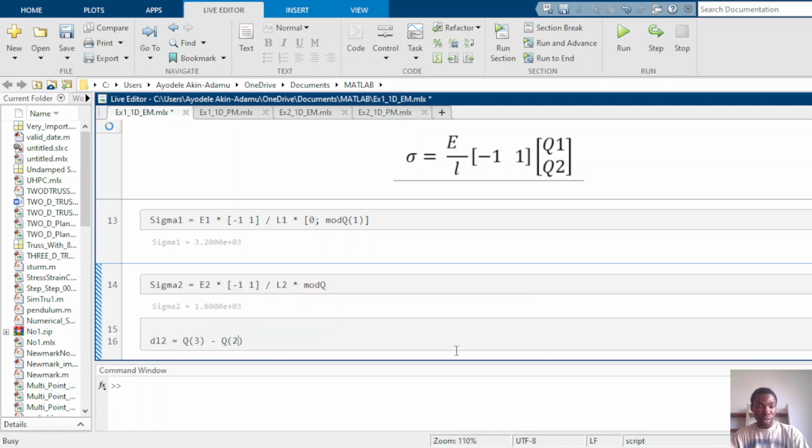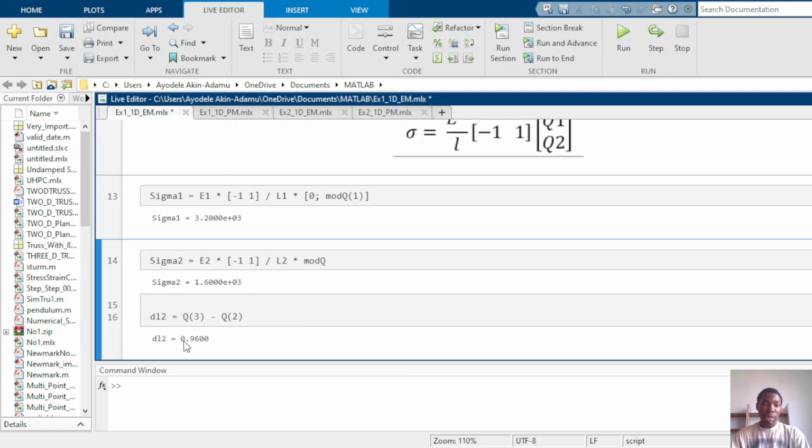If I run it, you can see I got 0.96. This is the extension in element 2. So we can see that the result of the finite element procedure is exactly the same as the hand calculation using two finite linear elements. So this is the procedure of how to use the finite element method for solving a one-dimensional problem by the elimination method. In my next video, I'm going to use the penalty approach to solve this same problem.